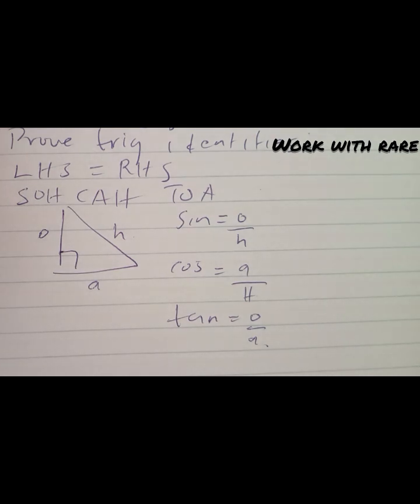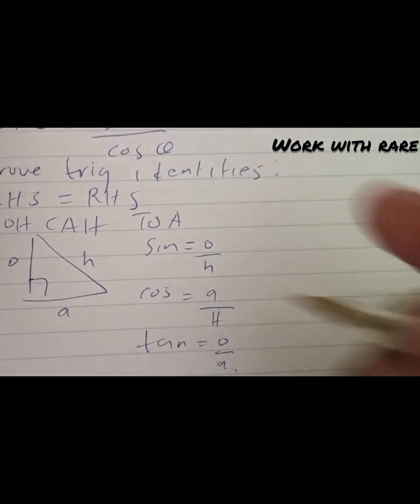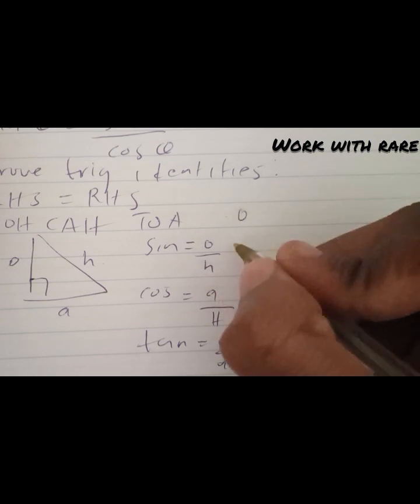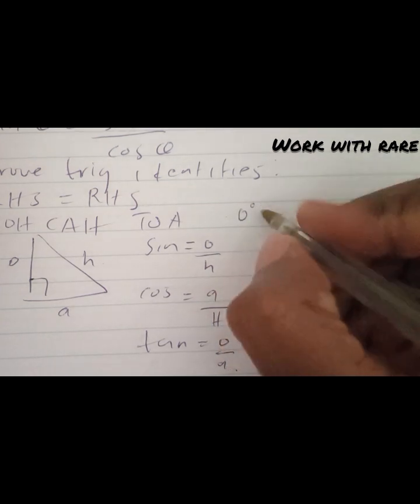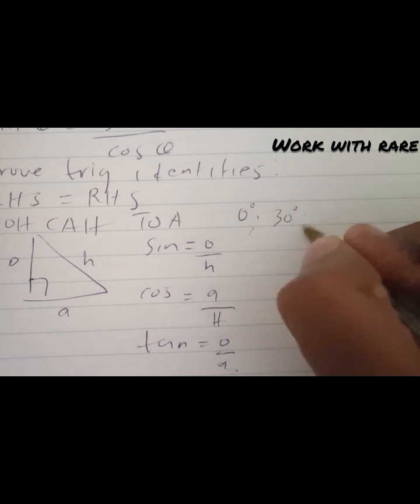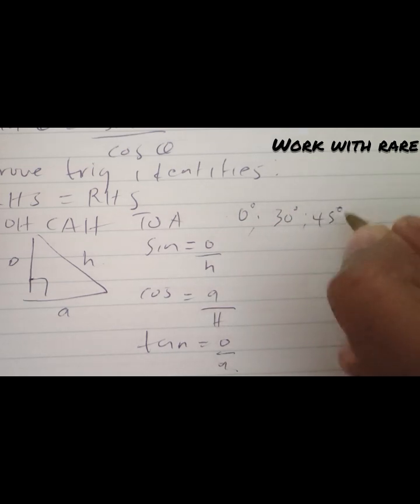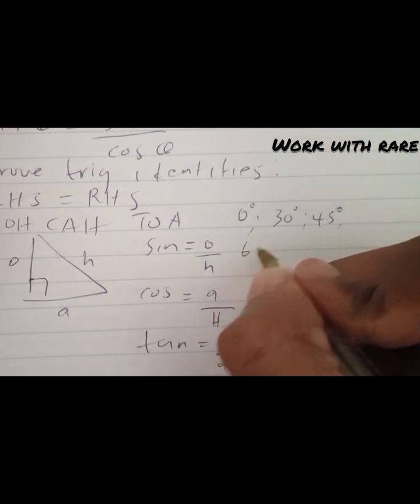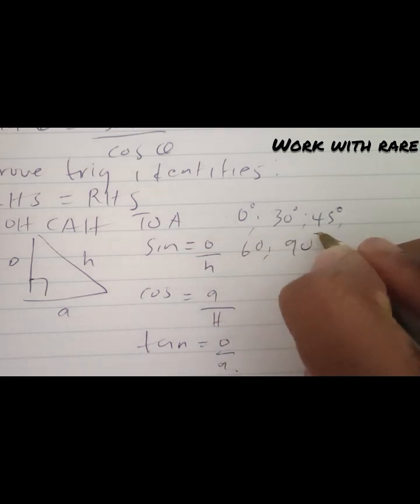And you should know special angles. Special angles, they are 5: 0, 30 degrees, 45 degrees, 60 degrees, and 90 degrees.